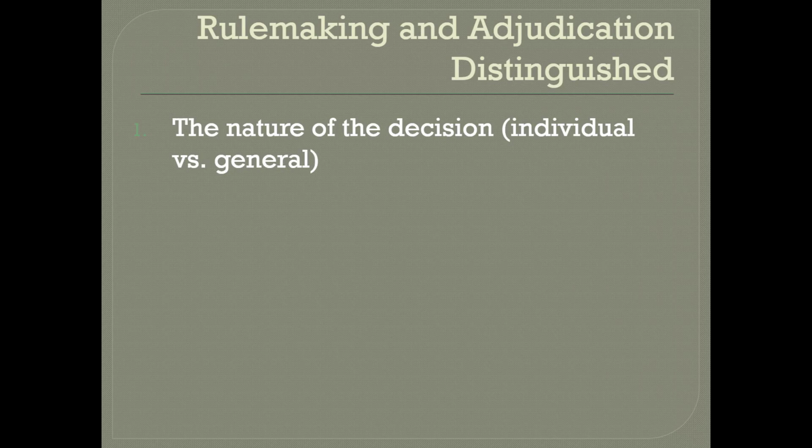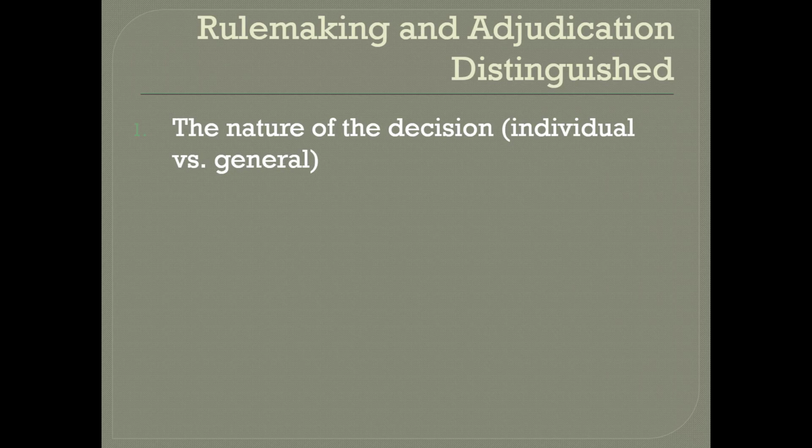Well, in fact, the court in these two cases said that yes, one of the things that distinguishes rulemaking and adjudication is the very nature of the decision itself. Does the decision affect individuals as individuals, or does the nature of the decision have an effect on everybody equally?